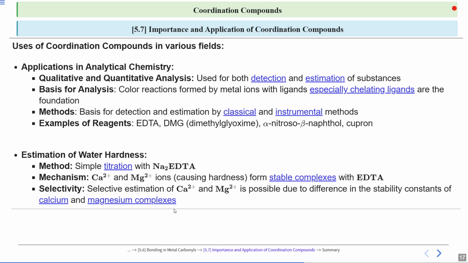Okay, so this is how we can use the coordination compounds in the estimation of water hardness.